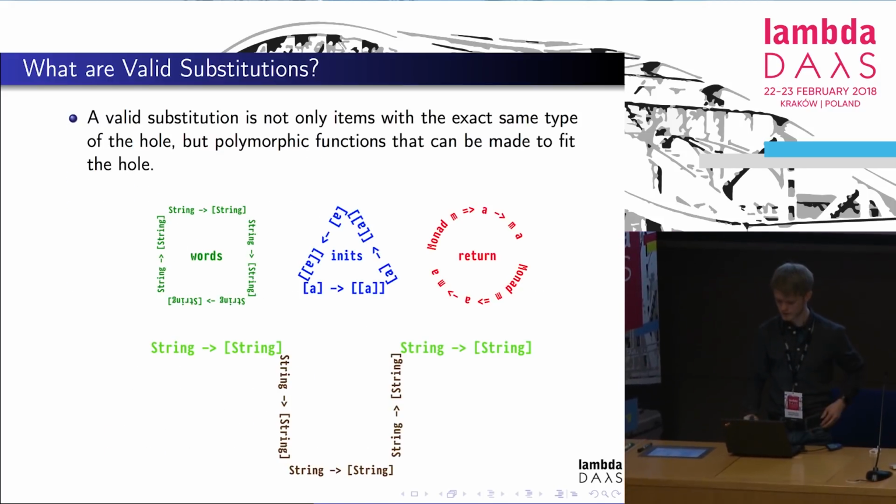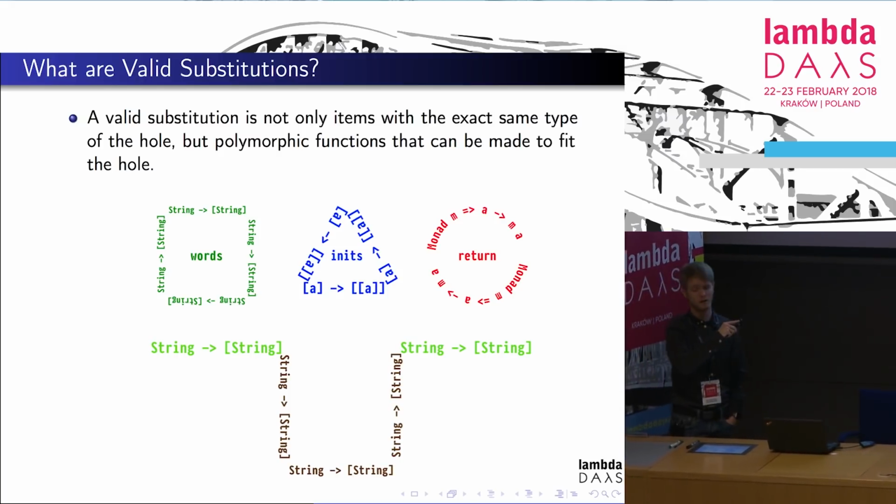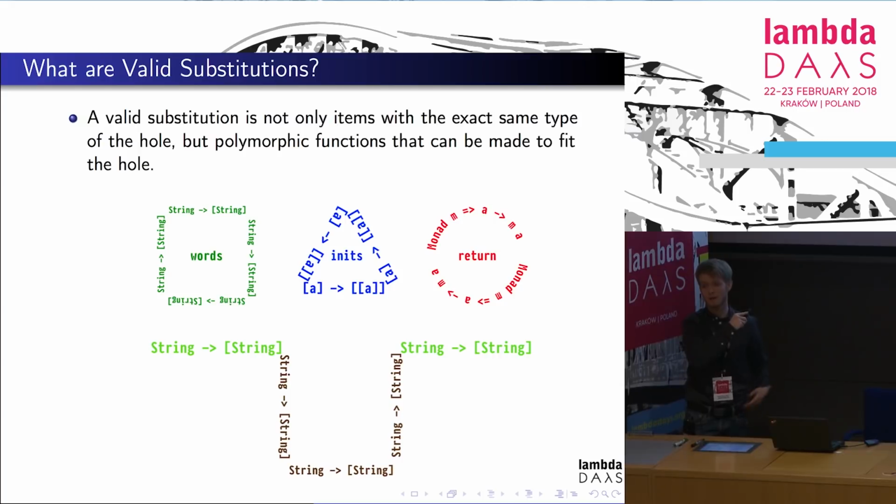I want to show you this graphic. This is just a reminder that functions in Haskell can be polymorphic. So if we have a hole of type string to list of strings, we have an exact fit, which is just a string to list of strings, and it fits the hole exactly. But we also have more polymorphic fits, which we also want to suggest.